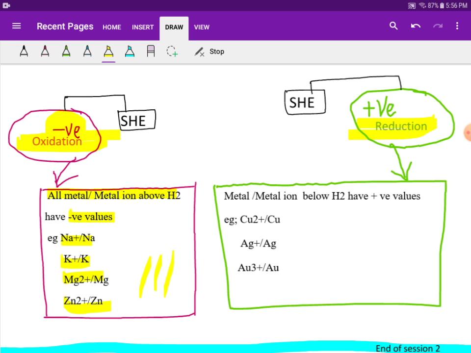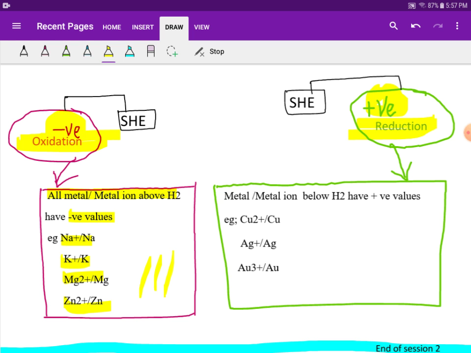For such metal ion single electrode types, the reduction potential becomes positive. In such metal ion assemblies, the single electrode potential or reduction potential is positive.